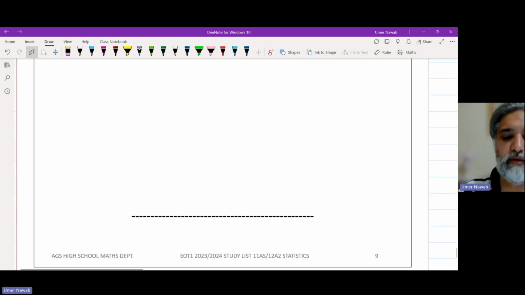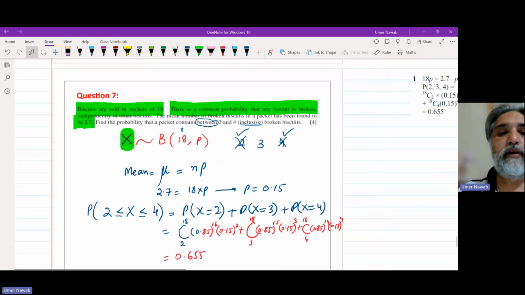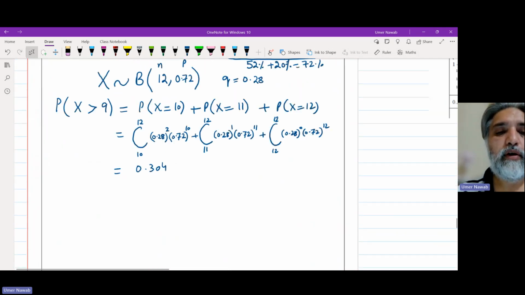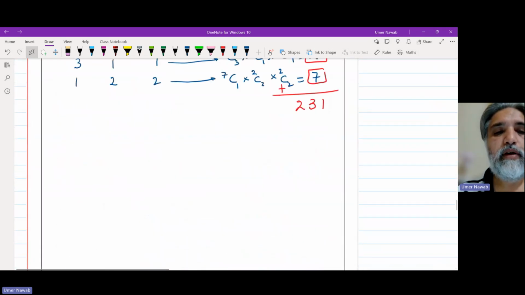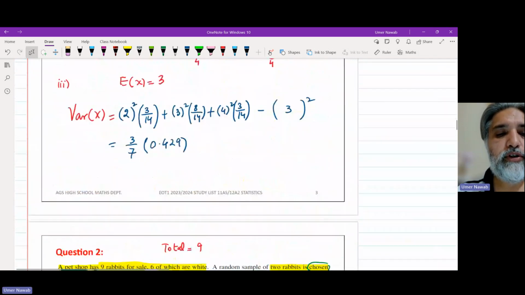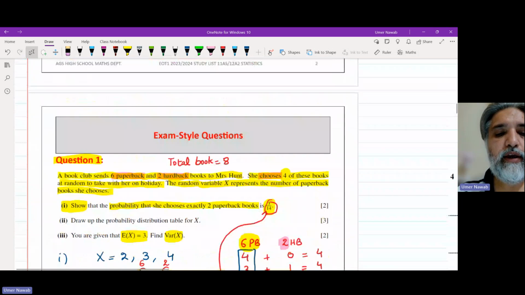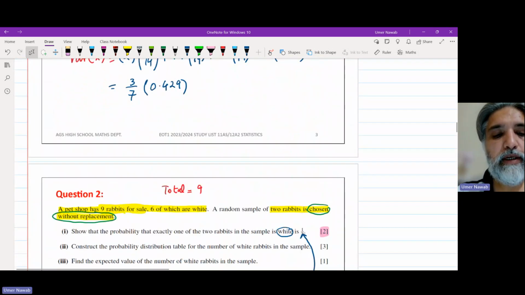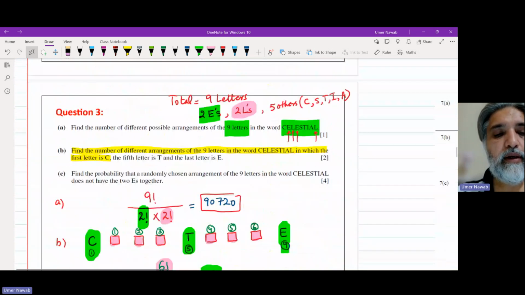And that's all with these exam style questions. I put 7 questions and it gave you a thorough revision for the final exams. As you can see, the first 2 questions which I put over there gave you good practice on discrete probability distribution.